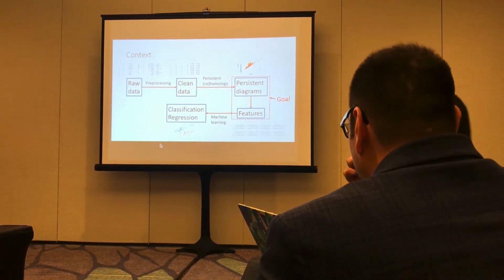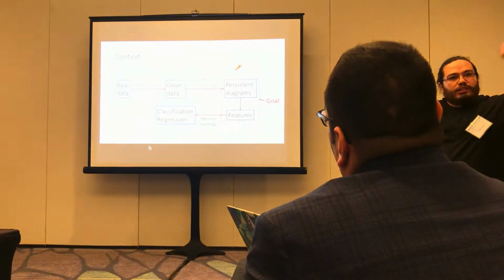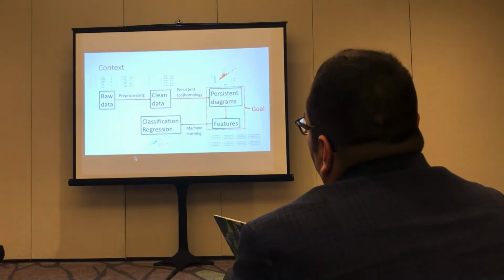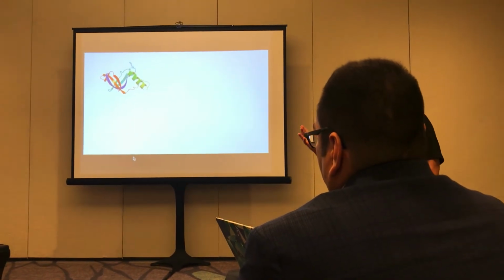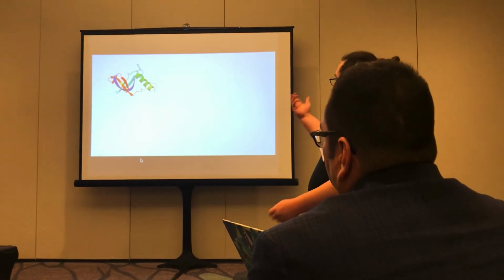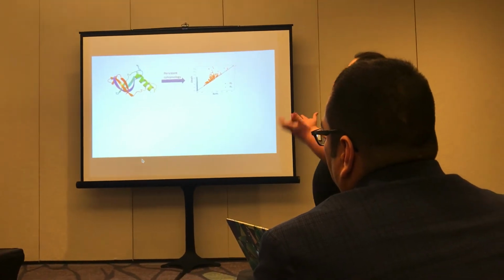The main focus of the work that I'm going to present is the process of how to obtain features and how to obtain vectors. So how does this pipeline look in real life? Let's say we have a collection of proteins. We can compute persistent cohomology out of them.